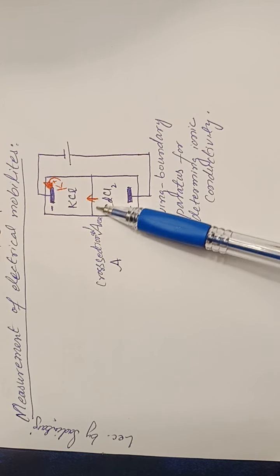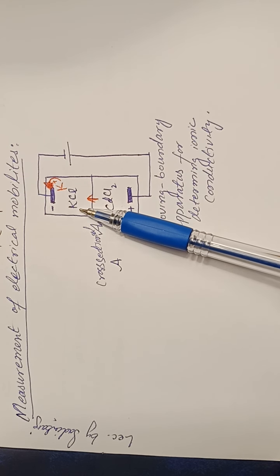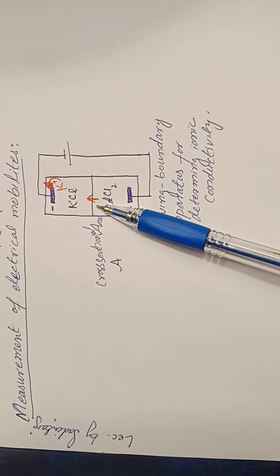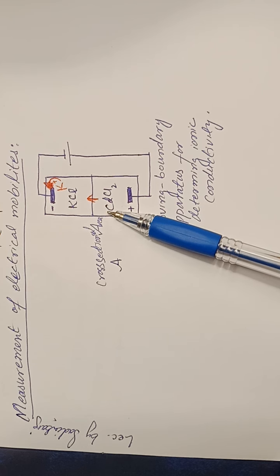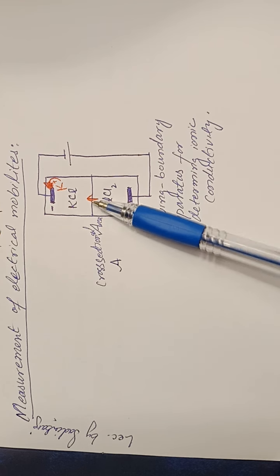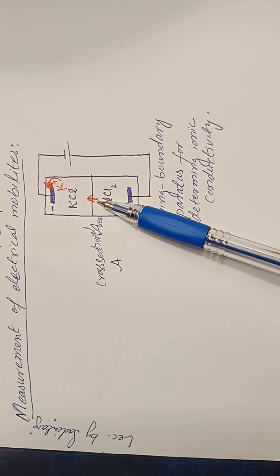As a result, the boundary between these two solutions will move towards the negative electrode, and the boundary can be observed clearly using a refractometer, as the two solutions have different refractive indices.